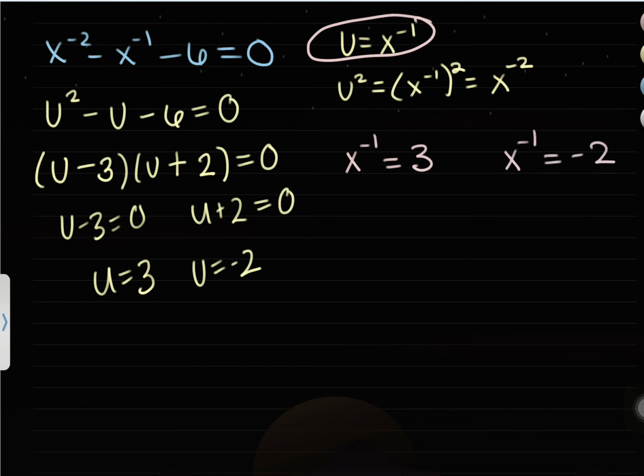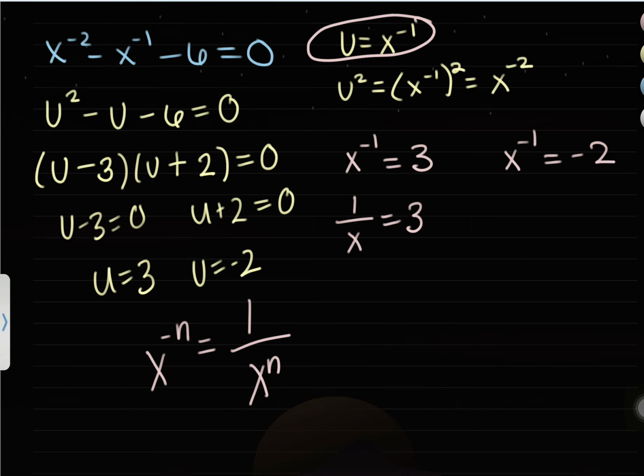Now to solve this for x, we have to remember that negative exponents mean reciprocals, or fractions. x to the negative n is the same thing as 1 over x to the n. So x to the negative 1 is 1 over x, and that could equal 3.